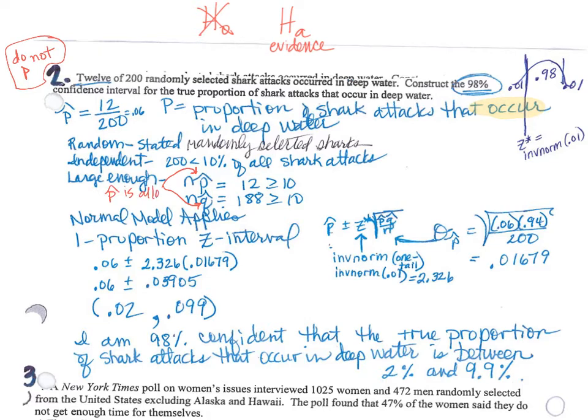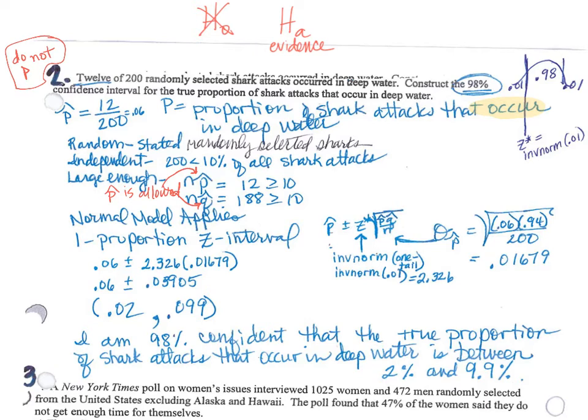That's the best it can be, and you should use that. If you don't have that, you can just use P hat. Now, the worst case scenario is you don't have either one, then what do you do? Use 0.5. Okay.